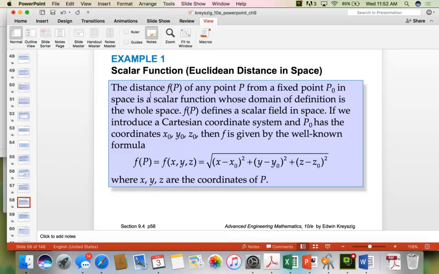So the first definition to make is the definition of Euclidean distance. So this is a scalar function. Basically, this is the physical distance between 2 points. It's based on the Pythagorean theorem. So basically, if we want to find f of p, if we have some zero point or reference point defined by x naught, y naught, and z naught, then we can find the distance between that point and a point at x, y, z by applying this formula for Euclidean distance in space.